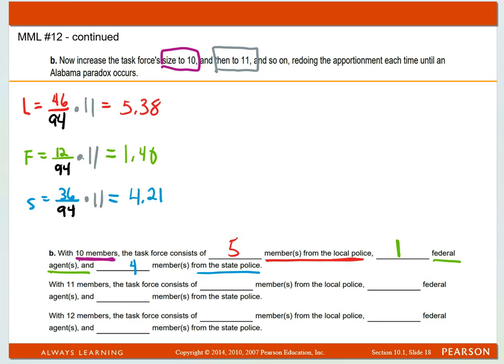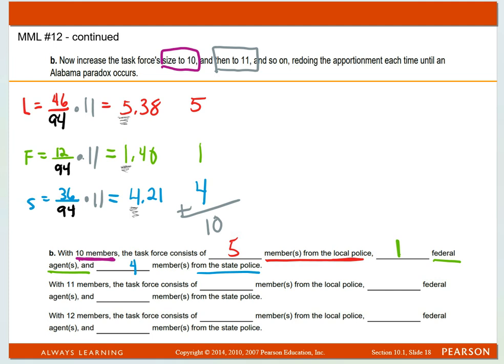And again, you just look at the whole number. So local will get 5, feds still get 1, state boys get 4. So we're going to have 5 seats here, 1 seat there, and 4 seats here. But when I add that up, 5 and 1 is 6 and 4 is 10.